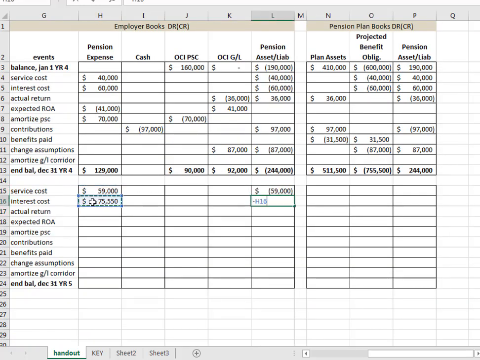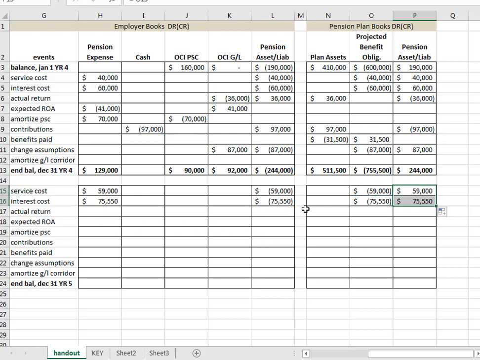Finish these entries here, debit to these expense and credit to asset liability account. And then of course the obligation is growing because of 1 year's more service and 1 year closer to retirement. So that increases the obligation.